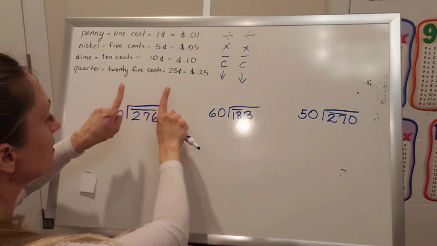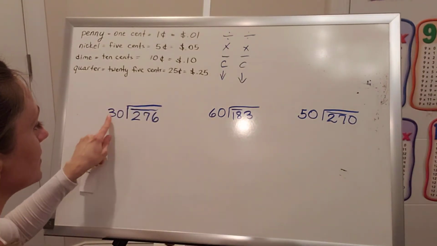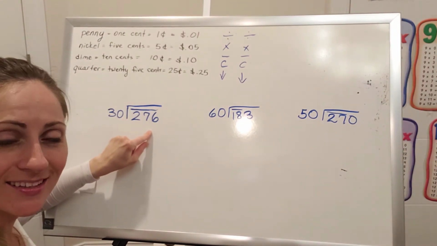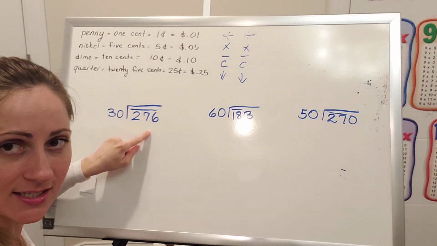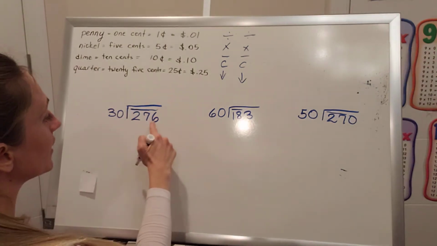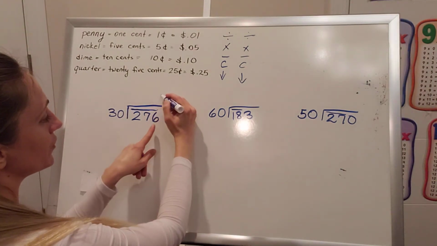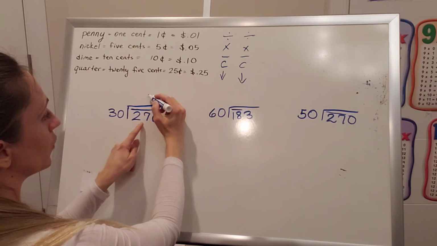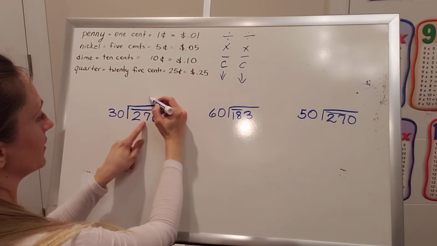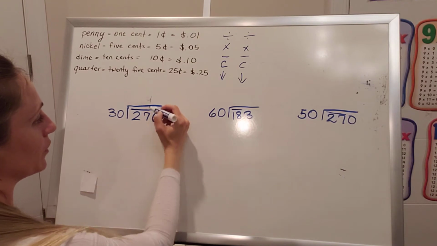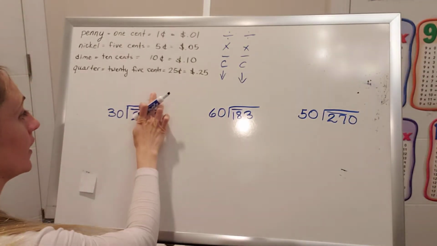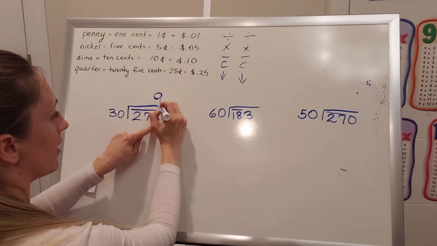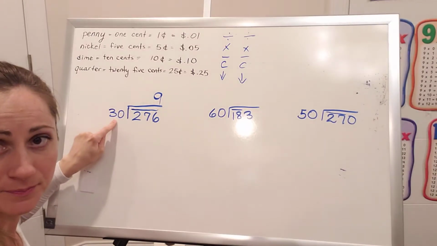But when we open this up, we have to think that 30 will fit 9 times into 276. The answer will go over the 6 because we're using the 3 digits. We didn't divide 27 by 30 and get a 9. We don't put a 9 there. We divided 276 by 30 and got a 9.